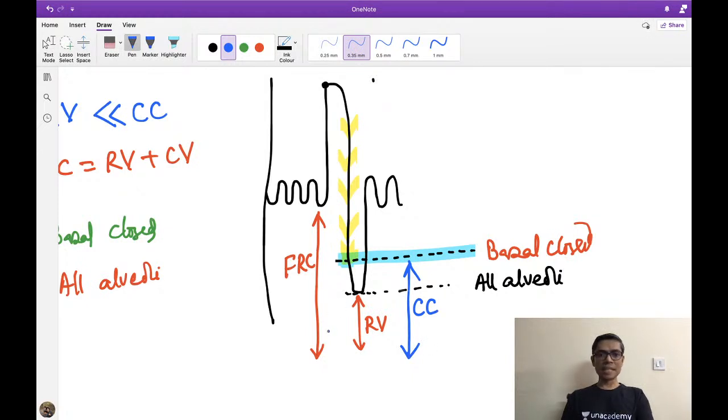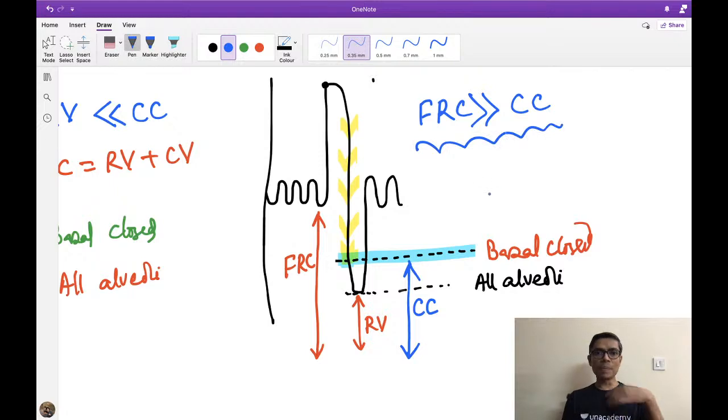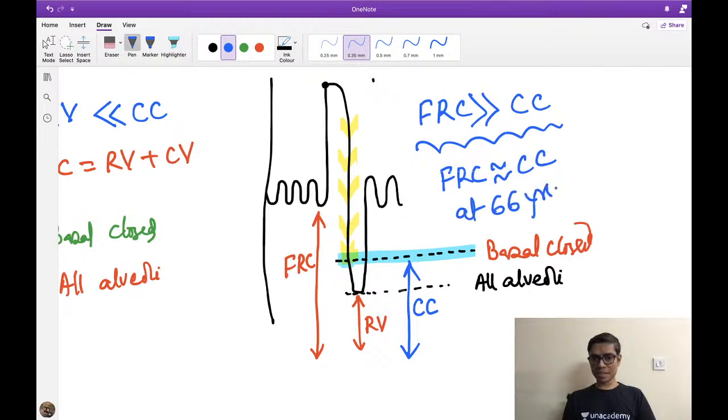So now you can easily understand that in a normal person, FRC is always greater than closing capacity. But when the age of the person increases, the FRC becomes almost equal to closing capacity at the age of 66 years.